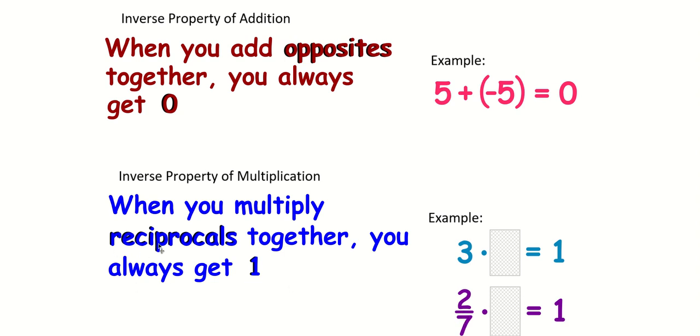Why do I sometimes refer to reciprocals as reflipricals? Because you flip it to get the reciprocal. So 2/7 times 7/2 is equal to 1 because they are reciprocals of each other. And what's the reciprocal of 3? If you flip 3, what do you get?